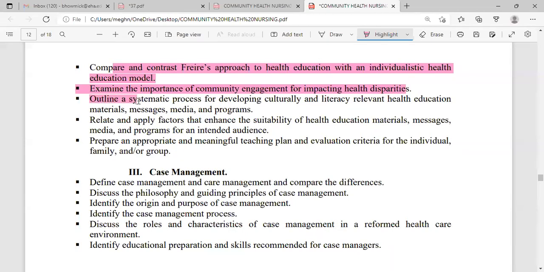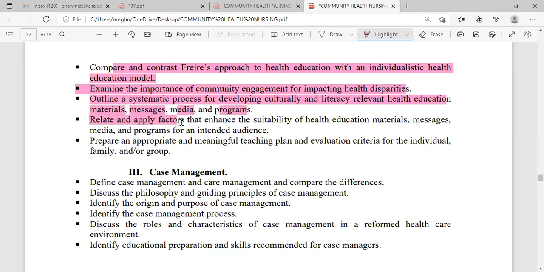Also outline a systematic process for developing culturally and literacy-relevant health education materials, messages, media, and programs.